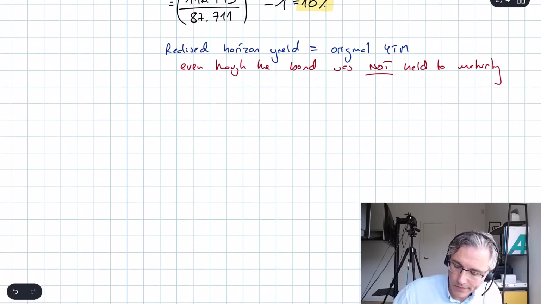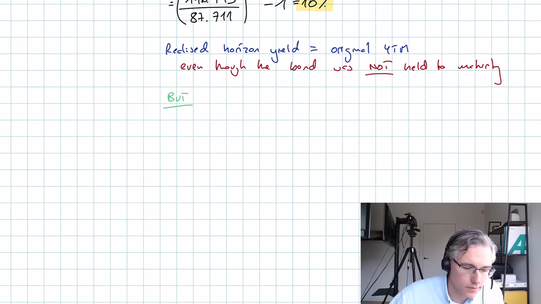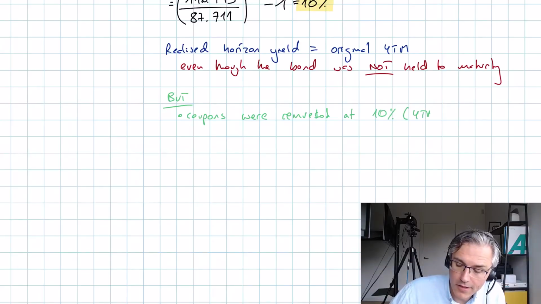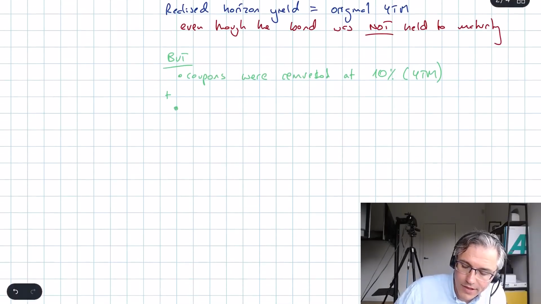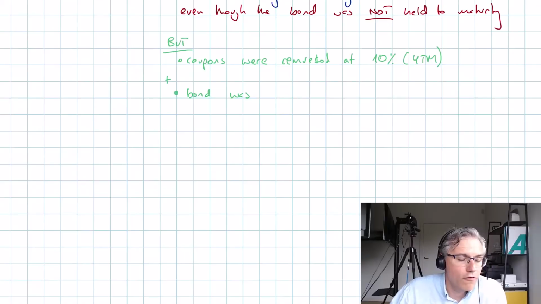Well, two reasons are important. So let me say, even though, but the coupons were reinvested at 10%, which was the original YTM. And additionally, I think the most important point here is that the bond was actually sold for a price that was very specific.